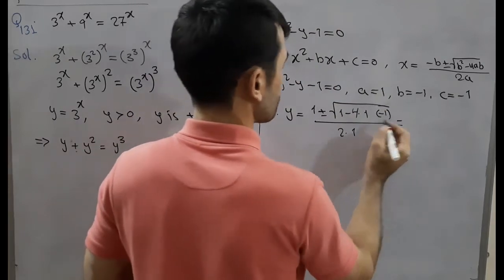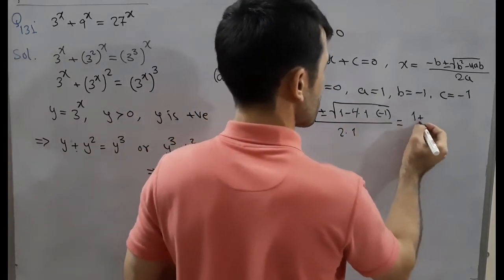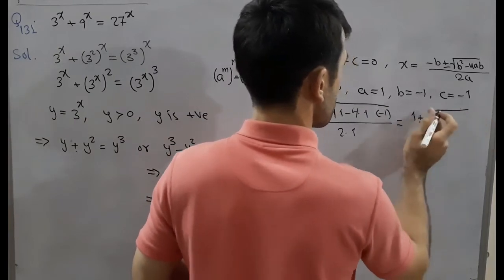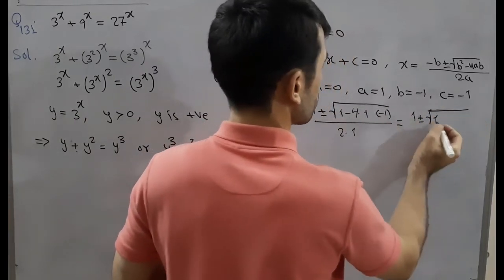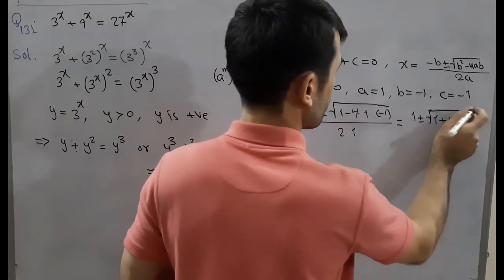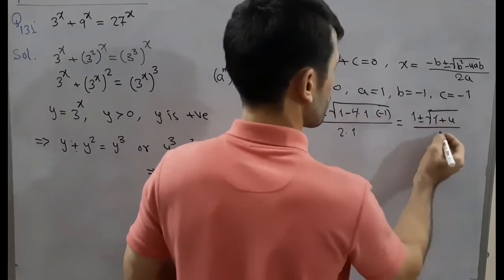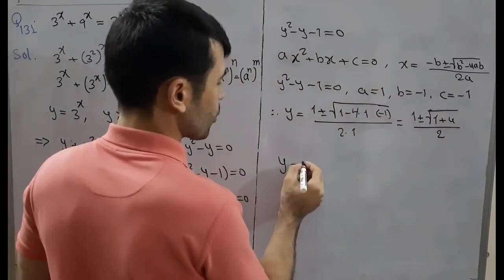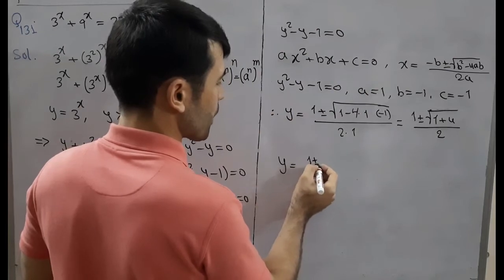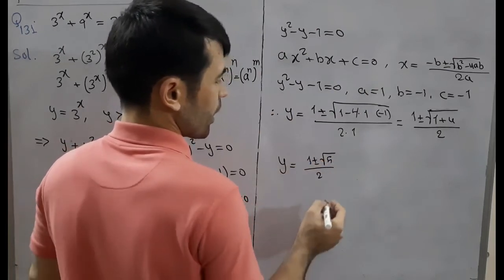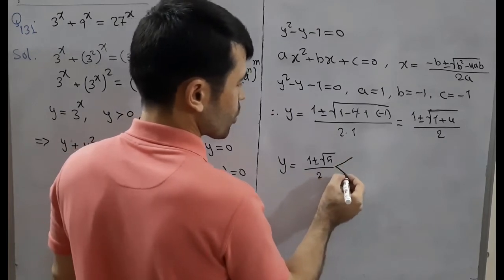It is equal to 1 plus minus square root of 1 plus 4, over 2. Therefore y is equal to 1 plus minus square root of 5 over 2. Here we get 2 answers.